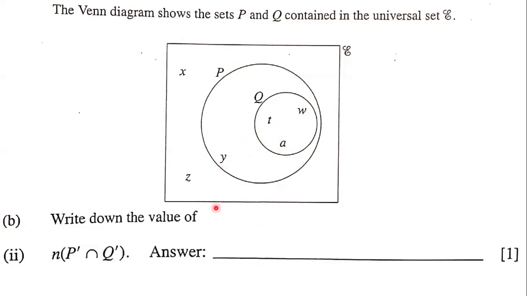Next, the question asks us to write down the value of the number of elements in P complement intersect Q complement. First, let's determine what are the elements in P complement.